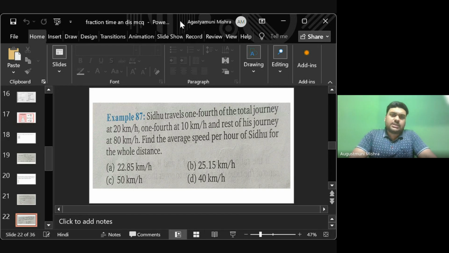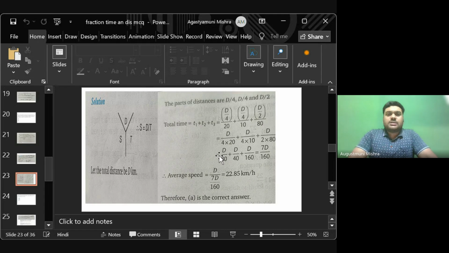Another response we received is D, that is 40 km per hour. Okay, 4 responses we have. I'm going to change the slide. Another option we see is B. So the correct answer is A, that is 22.85 km per hour.